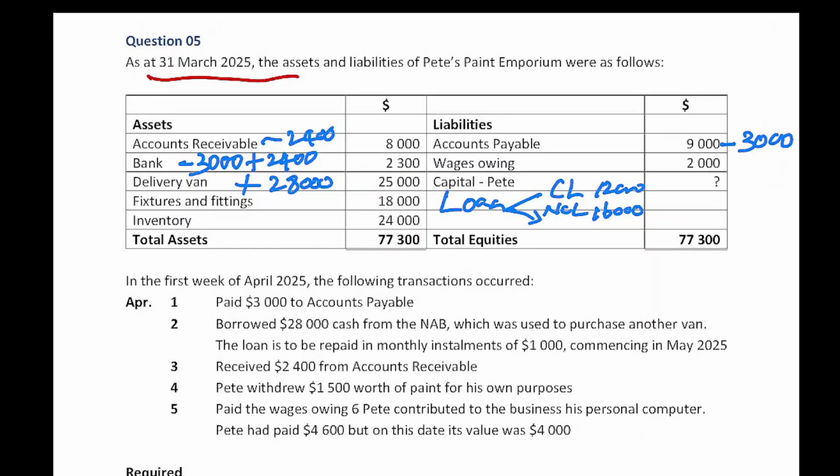Yes, inventory. Everybody agrees? What he said is correct. Inventory, how much? Minus 1,500. Then what is the other item? Drawings. You can just write drawings here for the moment. Okay? Drawings 1,500.